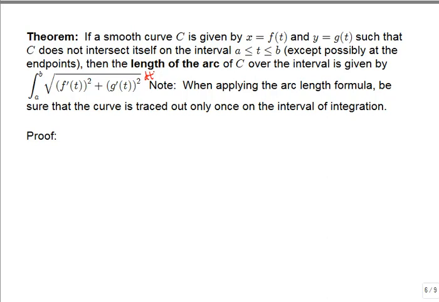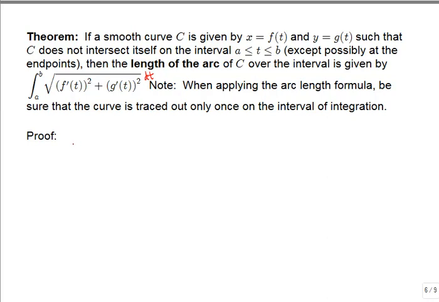Note that when you're applying this arc length formula, be sure that your curve is only being traced out once on this interval of integration. Okay, so this is basically the arc length formula when you are using parametric curves.